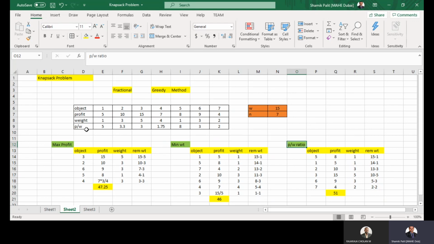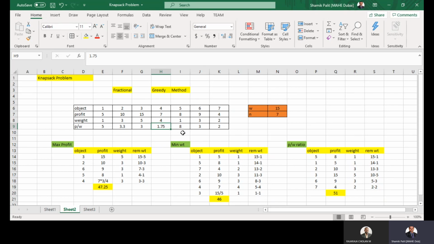Like you have seen in the 4th row, we have calculated profit versus weight. For example, 10 divided by 3 gives you 3.3, or 7 divided by 4 gives you 1.75. So this is basically termed as profit versus weight. That is the last approach we will consider at the end.